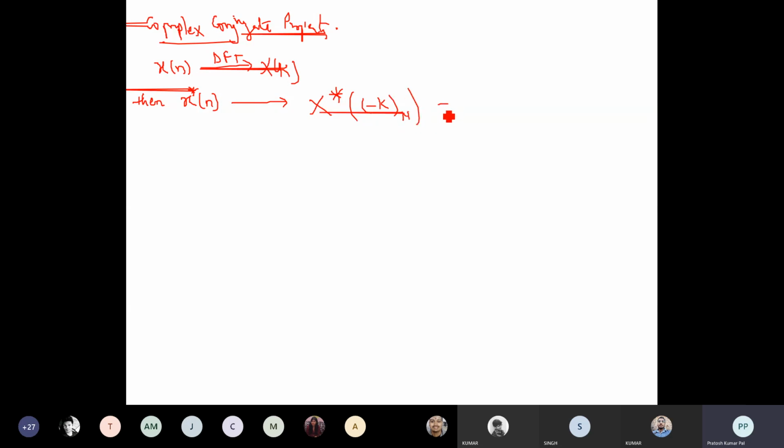Okay, so this can be represented as x of complex conjugate of x of minus k mod n. So mod n है तो इसको हम रिप्रेजेंट करते हैं n.